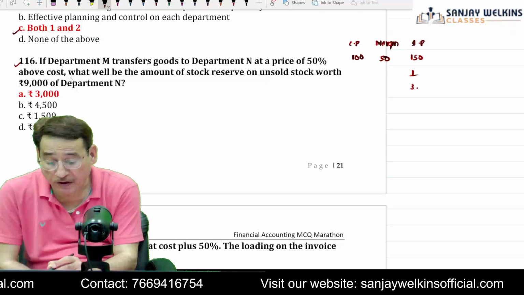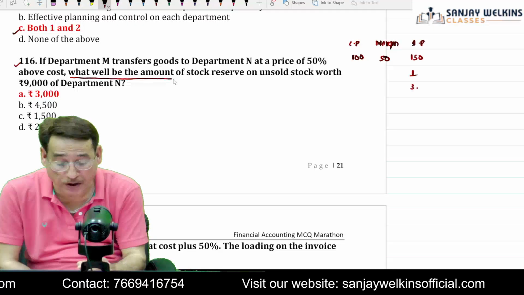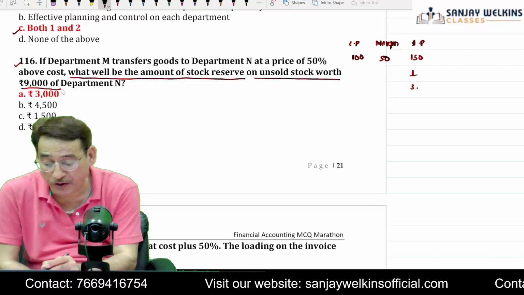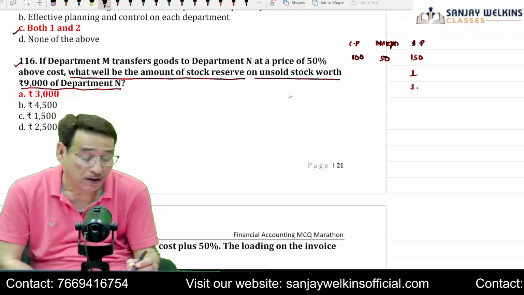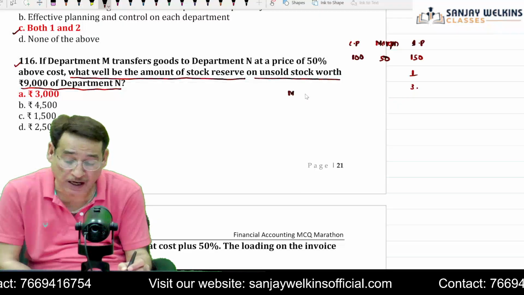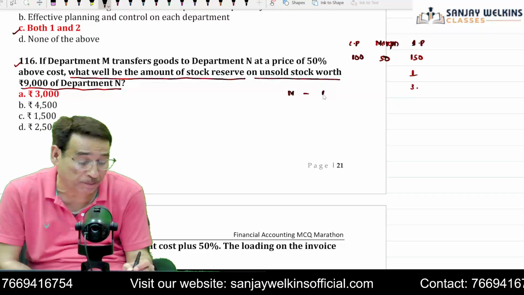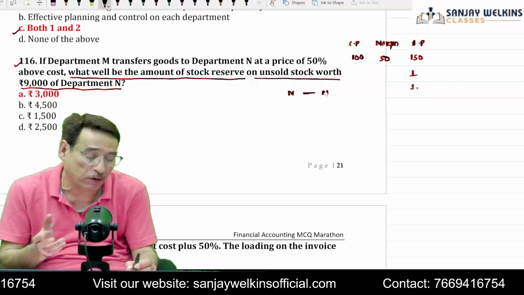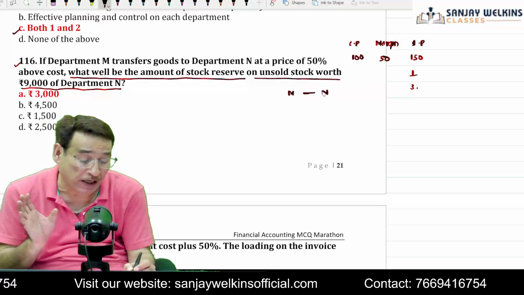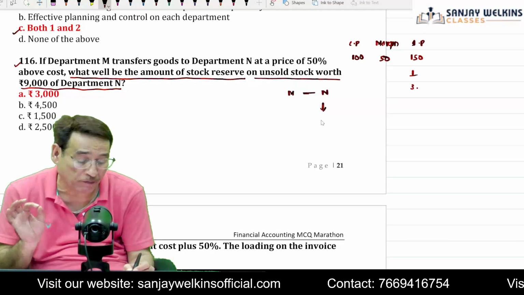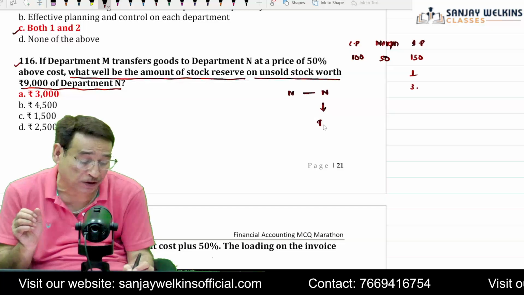Correct. Further, it is written what will be the amount of stock reserve on unsold stock worth 9,000 of Department N. Actually, in this particular question, it is written that M transfers goods to N. That means whatever goods are required by N are transferred by M. Now the question says that closing stock of Department N is 9,000.